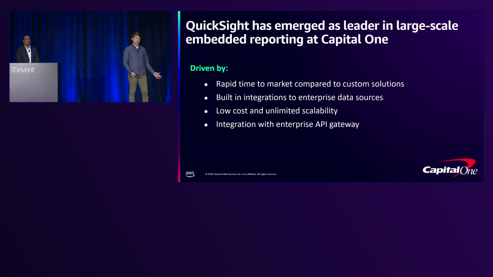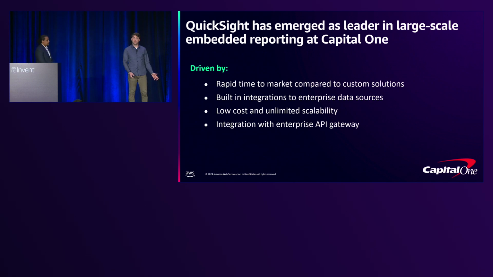Some of these decisions are pretty obvious. Why you would choose a tool like QuickSight over building something yourself and embedding it, or why you would embed QuickSight rather than building something yourself. The time to market is much less with a tool like QuickSight.